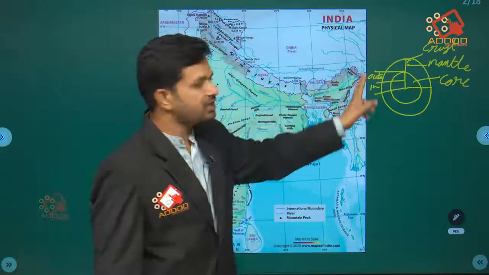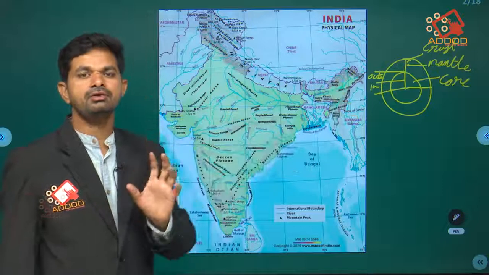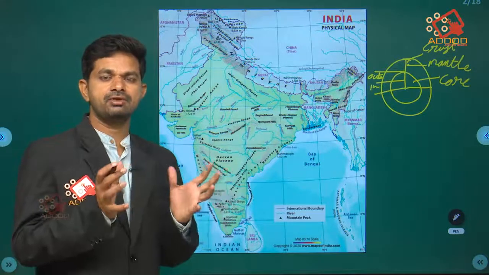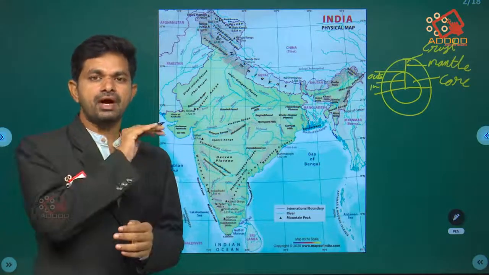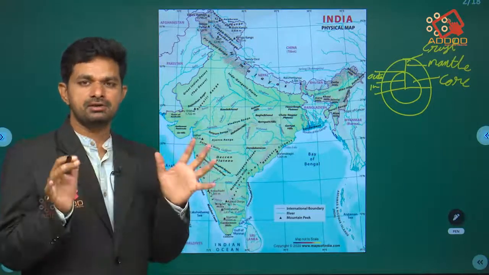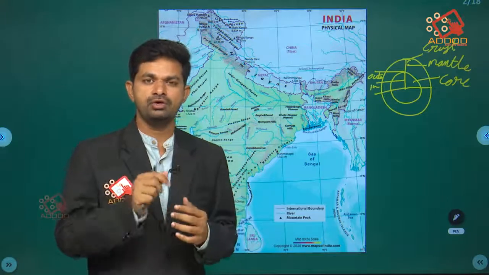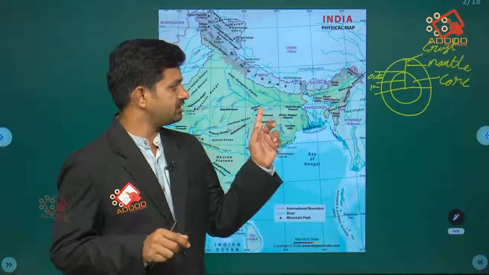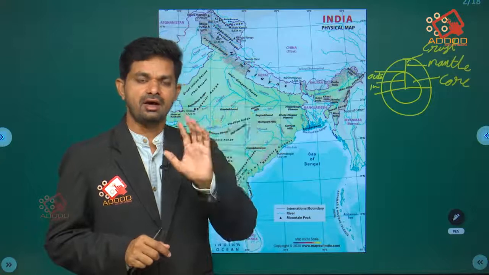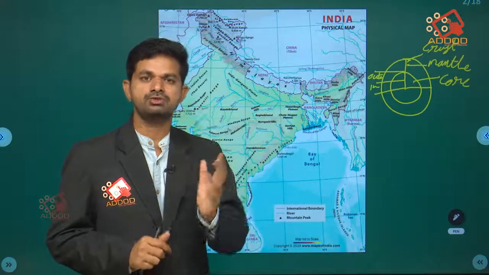Why did the upper layer become solid? When you boil milk and leave it for some time, what will happen? The upper layer of it will become solid. If you pinch into the upper layer, it will be liquid below. Is it or not? The same way here also, the surface of the earth became solid.